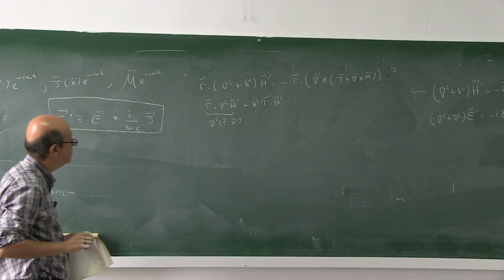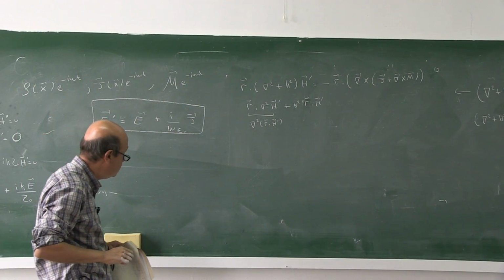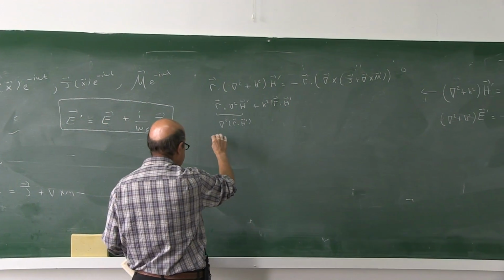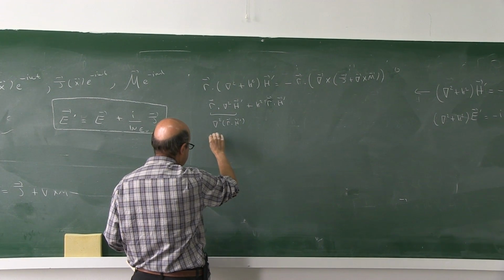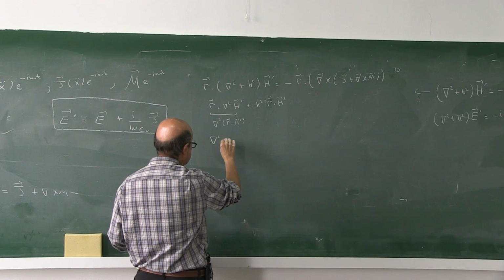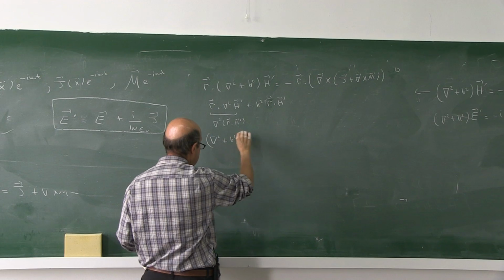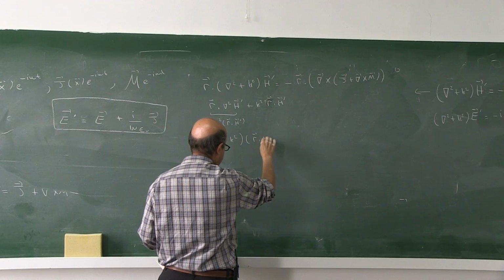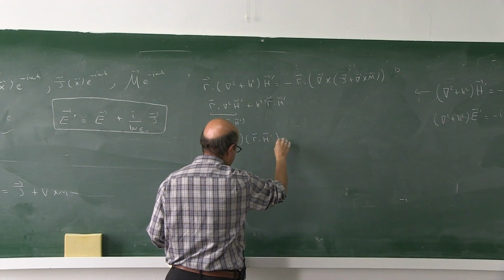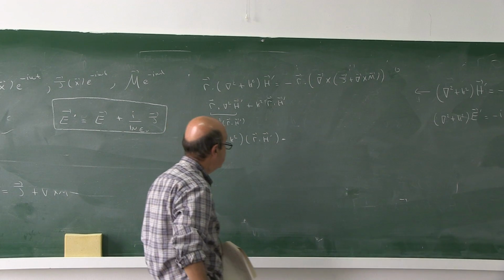I did this in full detail, and I don't want to do it again. So basically, the left-hand side of the equation will be Laplacian plus K square, acting on R dot H prime. And what is this on the right?